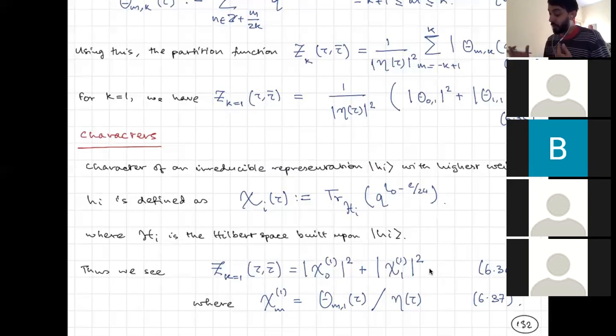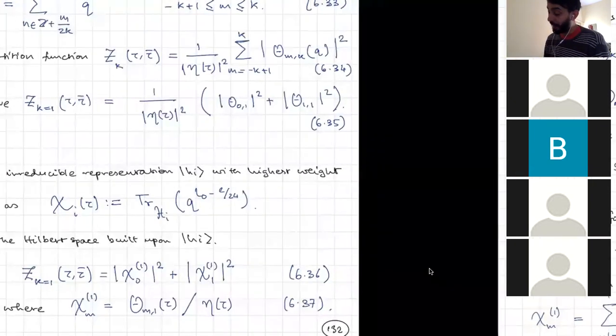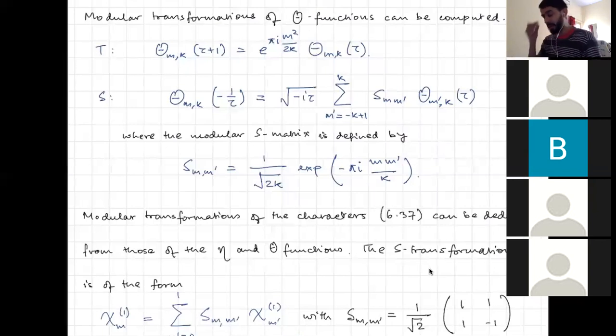So it gives you a way of trying to put together left movers and right movers, if you wish. So let me quickly go through a few things here. It's not going to be very illuminating unless you sit down and do this by yourself.